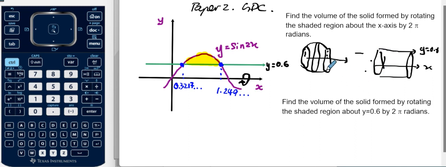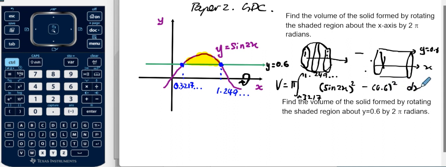So basically what we need to do is that we get this kind of ball thing or bead, and then hollow out a cylindrical hollow from the bead. So the volume now is going to be pi, you put it outside, and then it's from 0.3217 to 1.249, and the function here is sine 2x squared, and then minus 0.6 everything squared, and then dx.